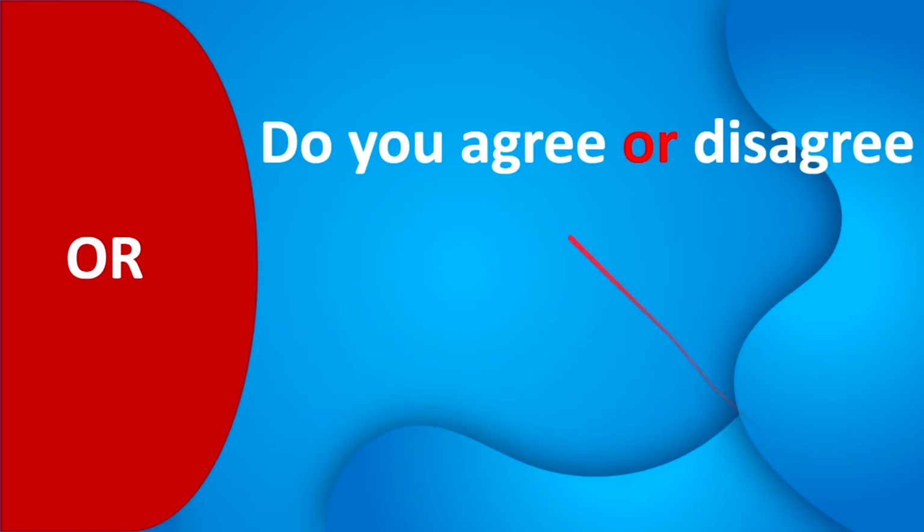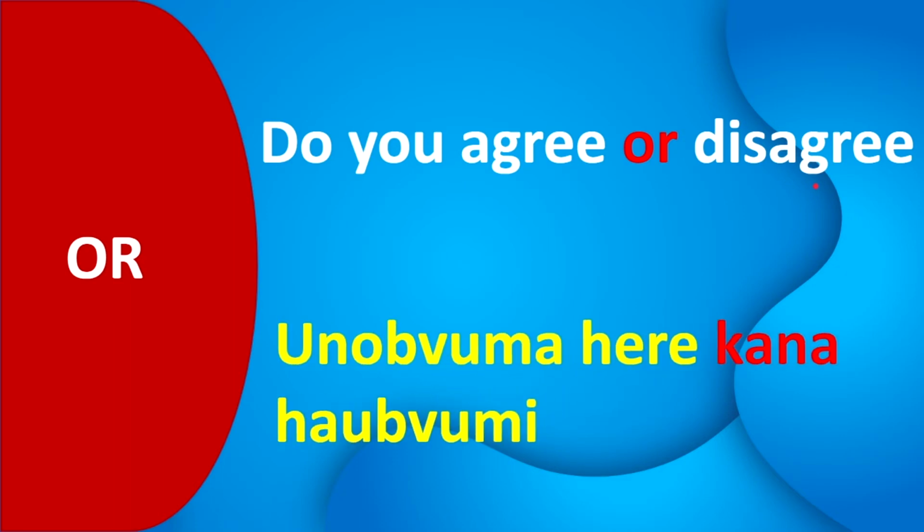Another example: do you agree or disagree? In Shona, this becomes unobvuma here kana haubvumi. Do you agree? Unobvuma here. Or becomes kana, disagree, haubvumi.